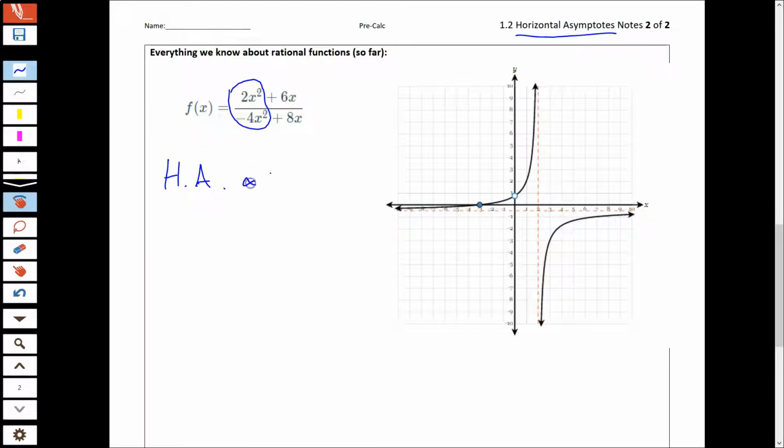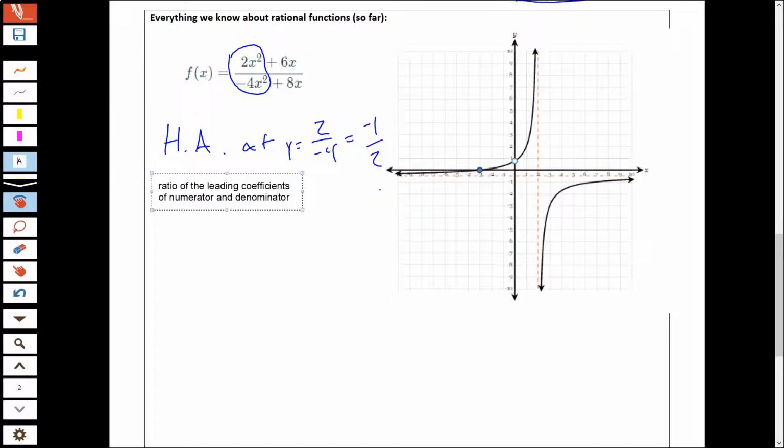So I'll say there's a horizontal asymptote at y equals 2 over negative 4, and that reduces to negative 1/2. Notice we see that in the graph, that's that horizontal dotted line. So that's the first feature, that's the newest one. And the way we found that is we took the ratio of the leading coefficients of the numerator and the denominator because they had equal degrees, right?